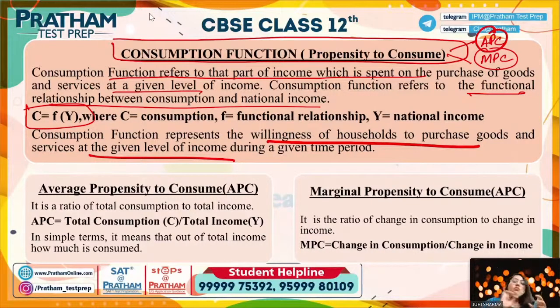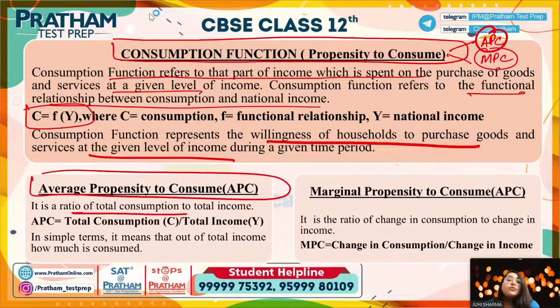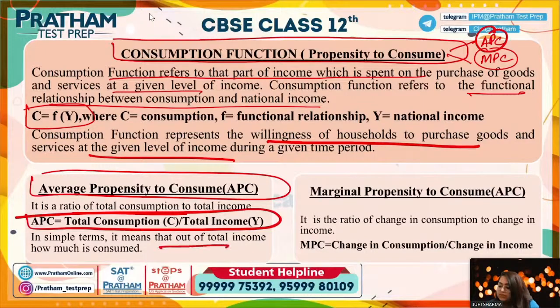For example अगर हमें average speed निकालनी है तो total distance upon total time taken ऐसे निकालते हैं ना. तो ऐसे ही आपका average propensity to consume क्या होगा? APC, that is total consumption upon total income. So average propensity to consume is equal to the ratio of total consumption to total income. सीधी सी बात है कि total income में से मैं कितना spend करना चाहती हूँ, that is my average propensity to consume, right? कितना मुझे consumption के लिए रखना है, that is my average propensity to consume. Okay, so total consumption upon total income, that is the formula of average propensity to consume.